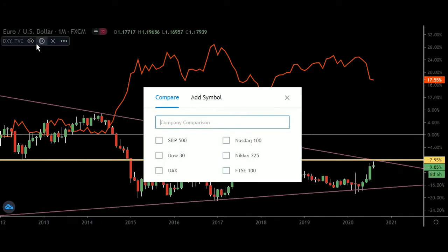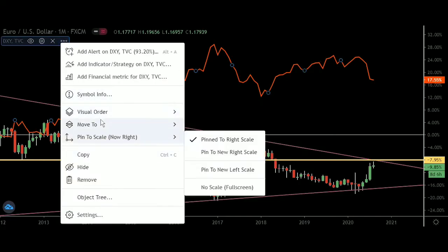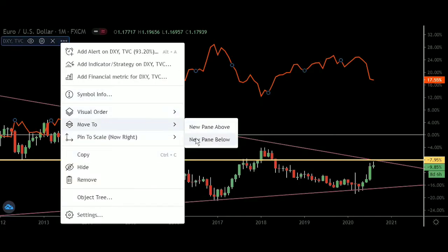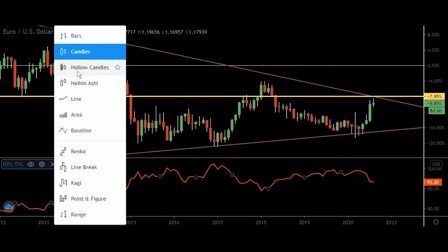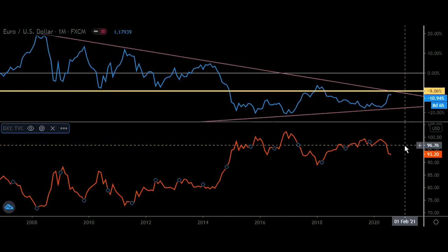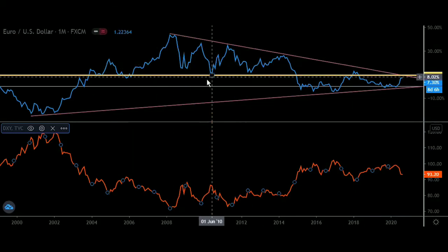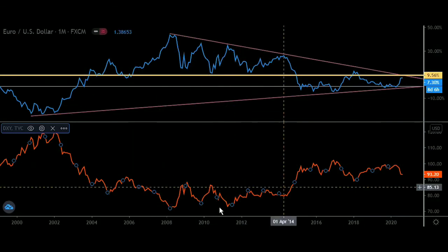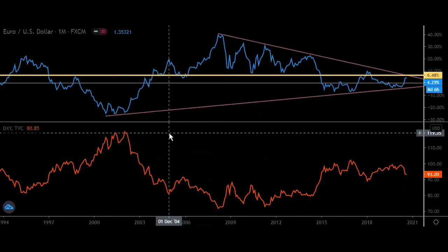Now I am typing dollar index. I have put dollar index. Now I am changing the candle of Euro USD to this line chart. Now you see, my friend, on the upper panel we have the Euro USD, and on the lower panel we have the dollar index. You see the movement, it is exactly opposite.